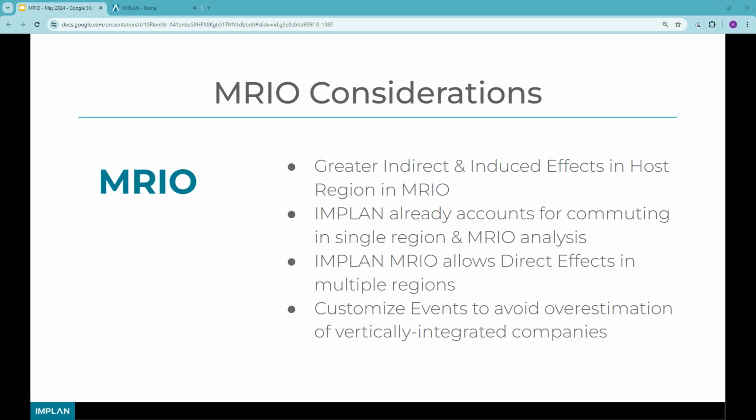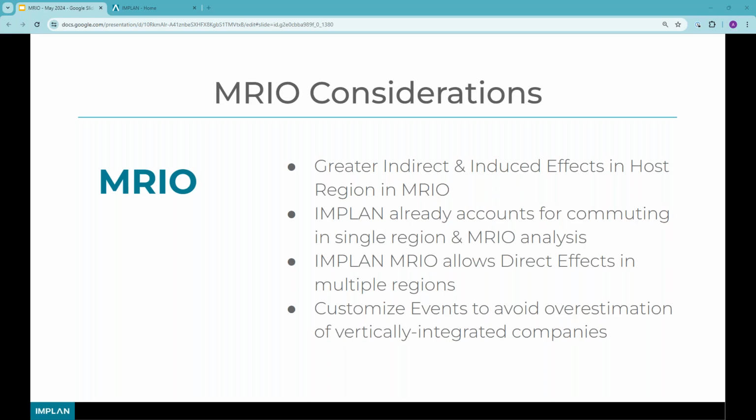IMPLAN is already going to be accounting for commuting in a single region analysis and in your MRIO analysis. However, we know that a lot of people come to IMPLAN with very complex projects where they know exactly how many people are going to be living and commuting from this region to the host region. We do have some workarounds available to the user if you need to adjust your values to compensate for the commuting rate that IMPLAN is already applying to your analysis.